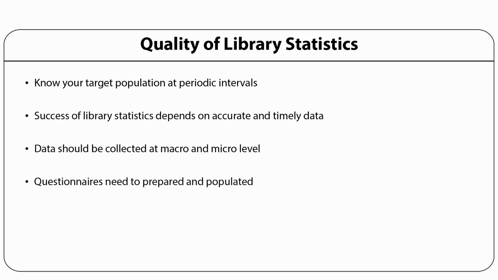Questionnaires need to be prepared and populated. What is required in usage statistics is that you develop a questionnaire. Based on that questionnaire, you collect data from the users. These answers are then tabulated in a format, and you can judge from there whether your library is performing well, whether your statistical data are comparable with past years, and how much better performance your library is giving this year.